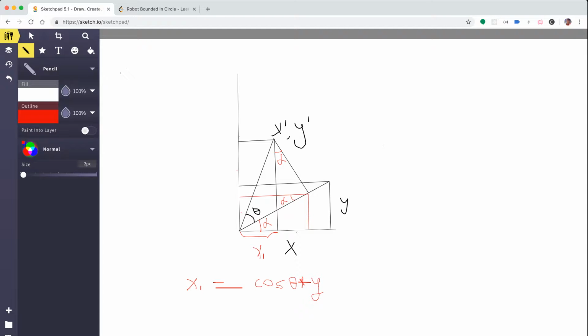This is this part, minus this one. This one is sine theta, and sine alpha is also y.